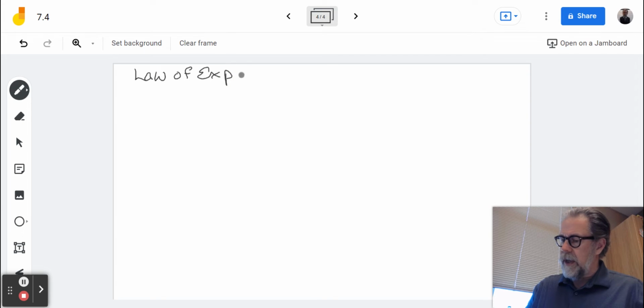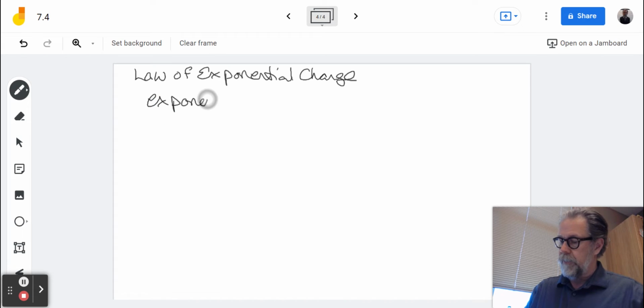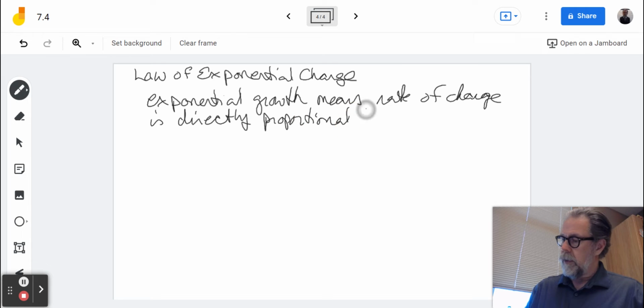And the first thing we need to know about exponential change is that exponential growth, by definition, means that the rate of change is directly proportional to the amount.